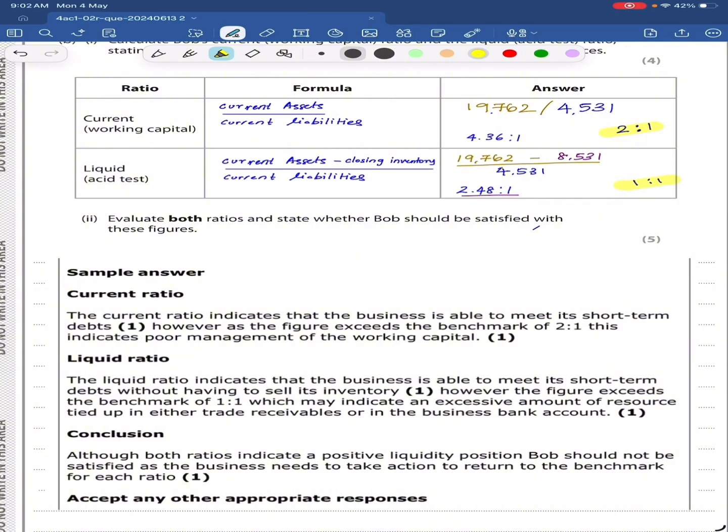As you can see here, we can see that the working capital ratio is 4.36:1, which is much higher than the industry standard. And for liquid ratio, it should be 1:1, but it is 2.48. Again, it's higher than the industry standard. Now, having this basics in mind, let's see how we can evaluate both ratios.